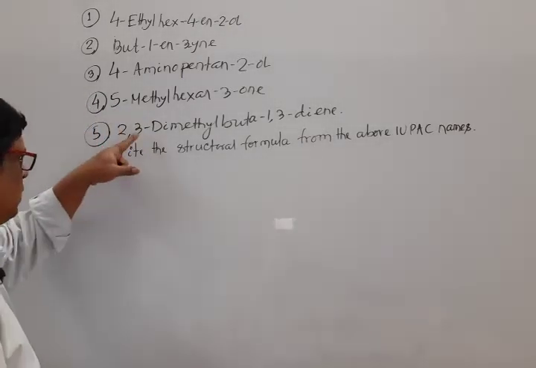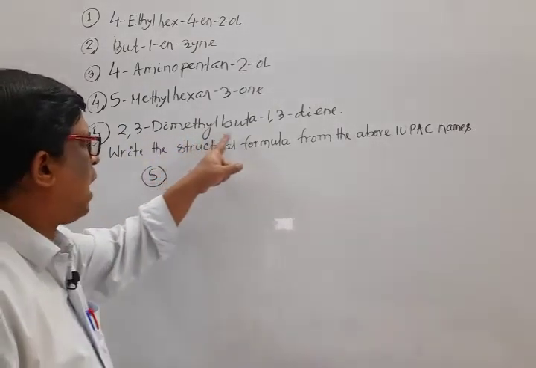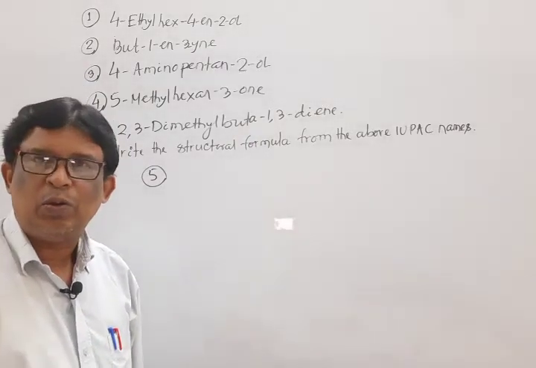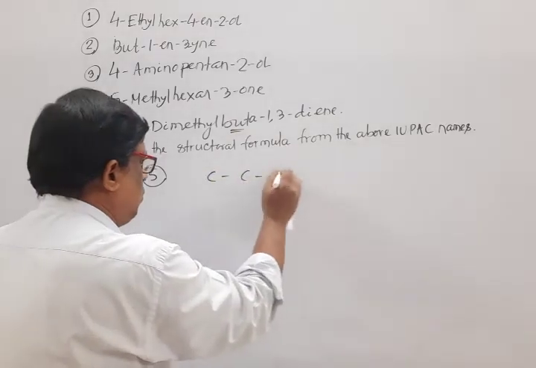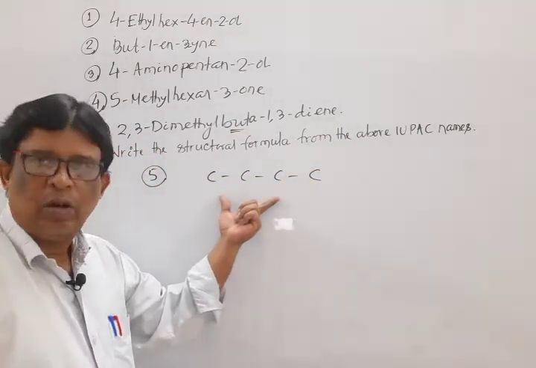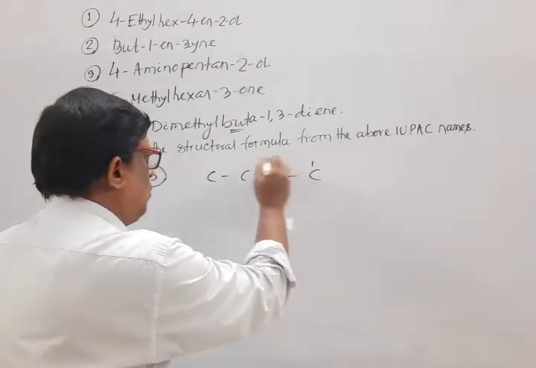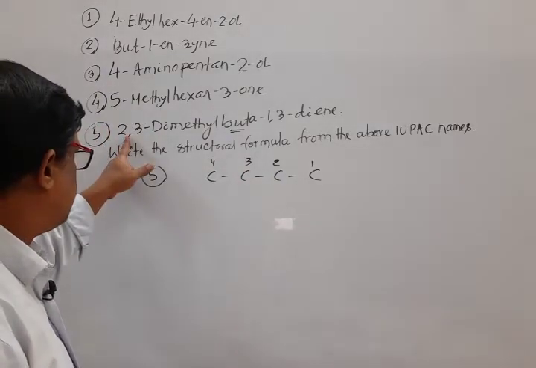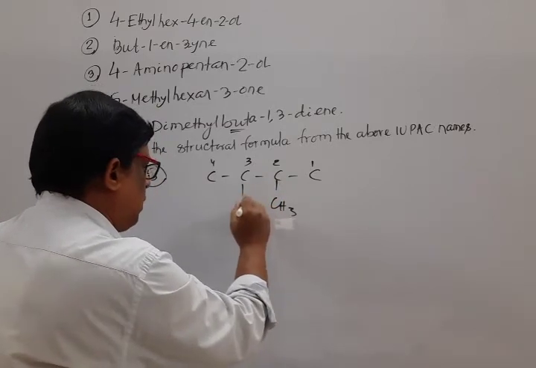First one is, mark that, 5. 2,3-dimethyl buta-1,3-diene. Focus on the root word but. But 1, 2, 3, 4. After writing number as 1, 2, 3, 4. Next, mark that 2 position and 3 position, 1 methyl, 1 methyl.